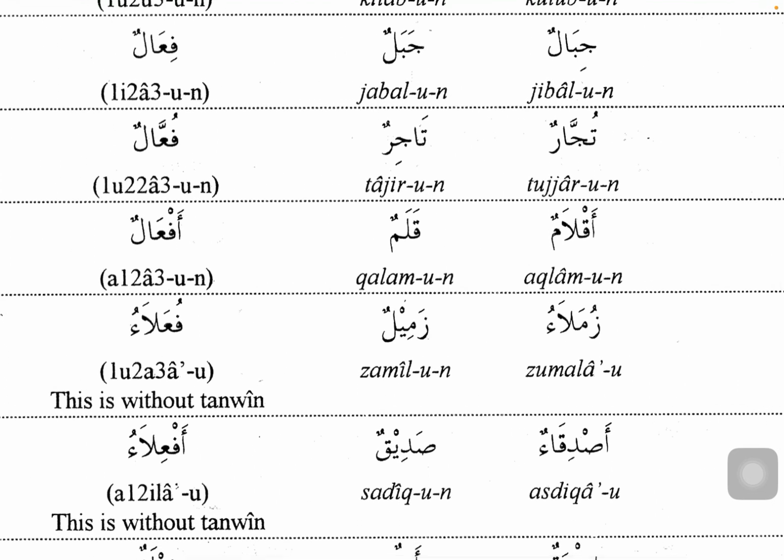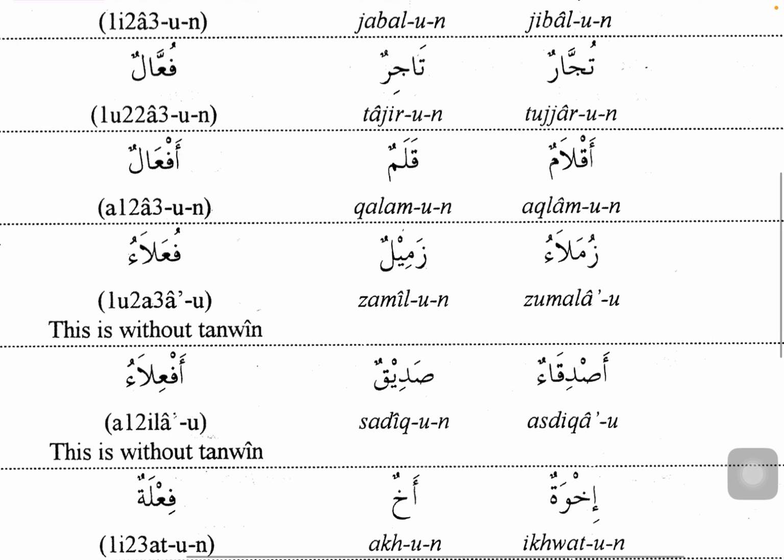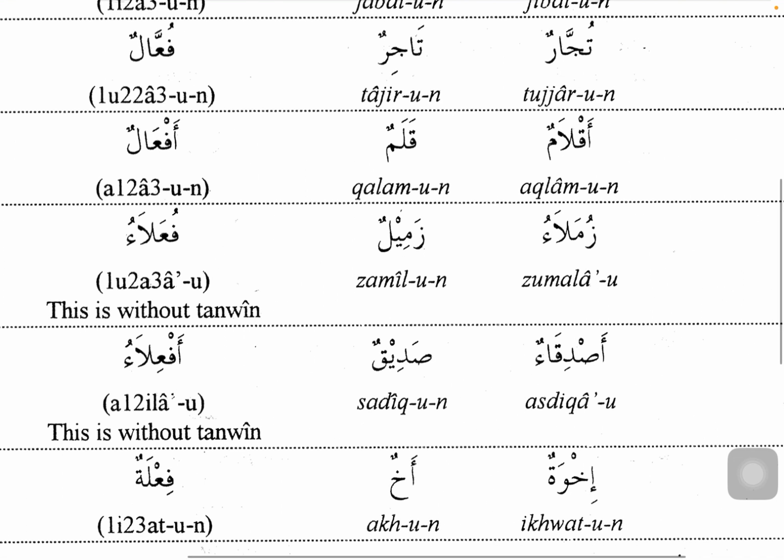So we have jabalun, mountain, jibalun, plural of mountain, mountains. Next one is fu'alun. Example is tajirun, merchant, tujjarun, merchants. Next one is af'alun. Example is qalamun, pen, aqlamun, pens.